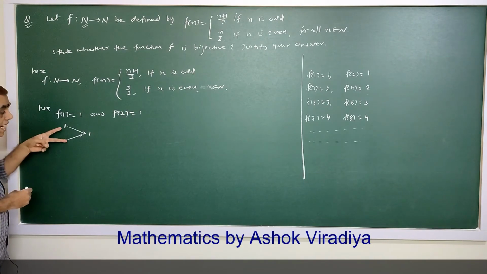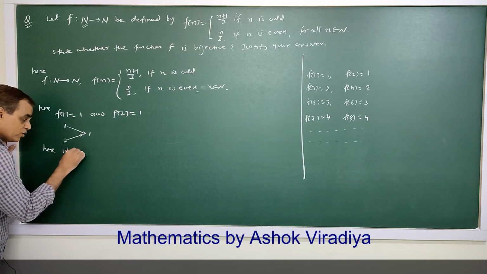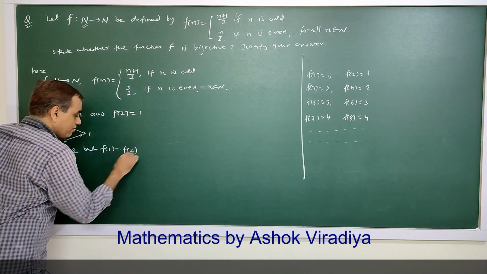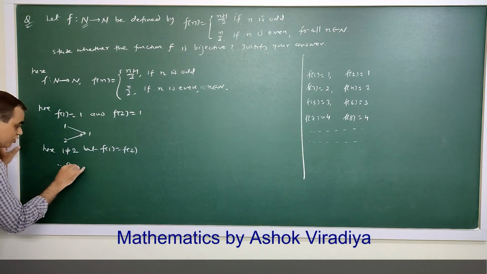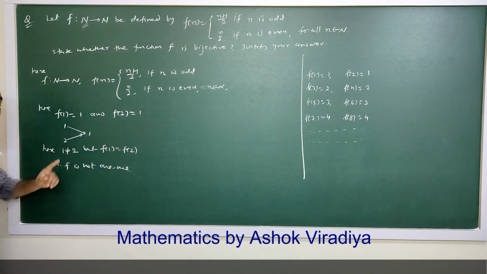So that means many-one. Here 1 is not equal to 2, but f(1) is equal to f(2). So this function is not one-one, or it is not injective.